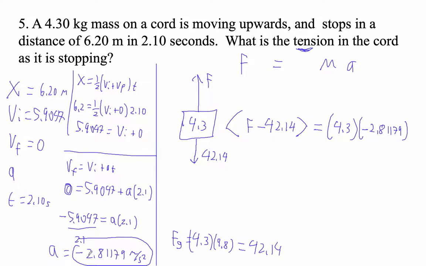The problem with these is if you mess this up, you won't know it till like 5 minutes later when you solve this. So let's see if I even get this right. We go 4.3 times that, and I've got negative 12.0907 on this side.